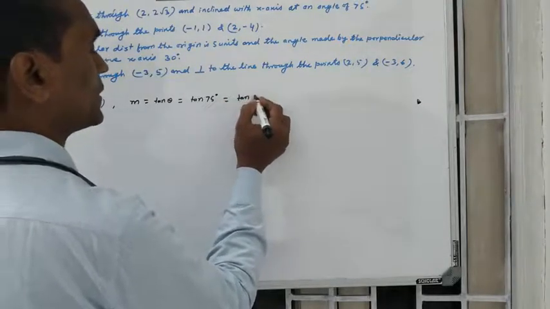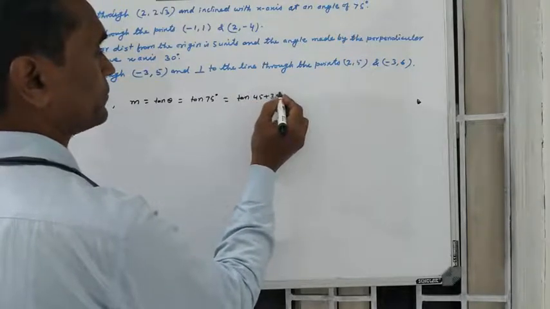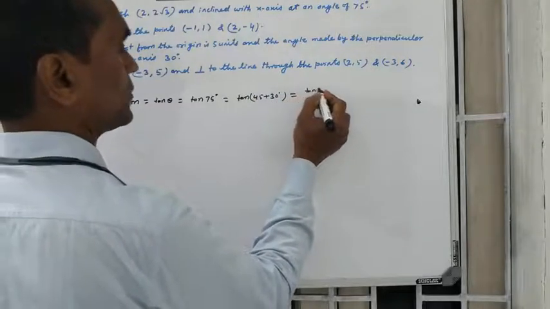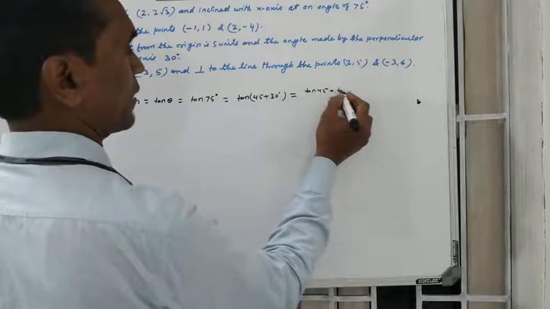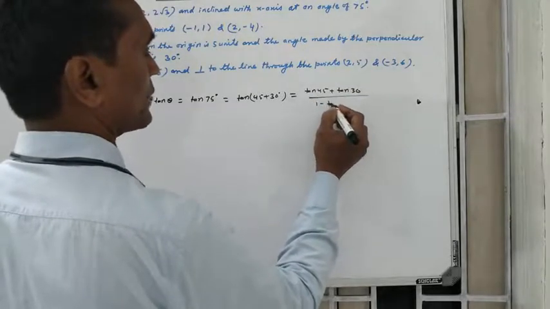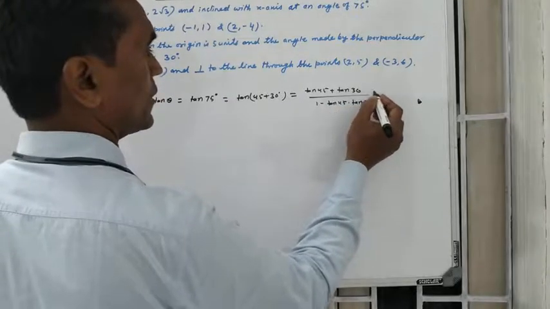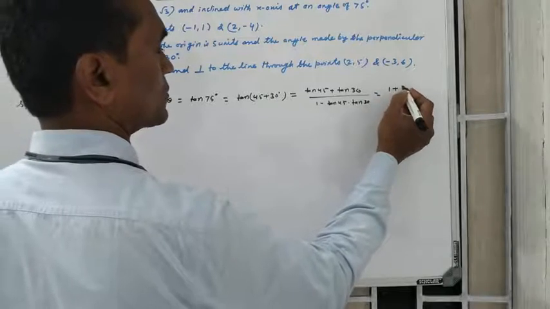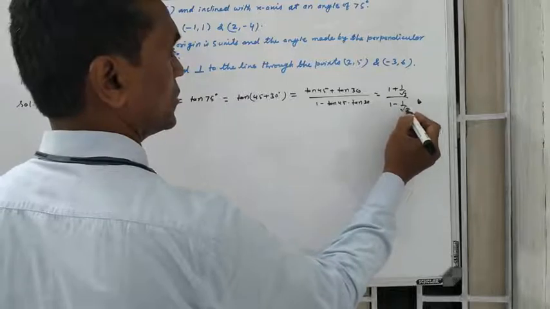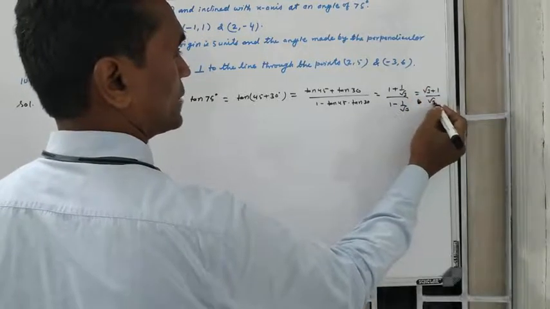You can write it tan 45 plus 30 degree. Now tan x plus y, tan 45 plus tan of 30 divided by 1 minus tan 45 into tan 30. If you simplify this, 1 plus 1 by root 3 divided by 1 minus 1 by root 3. So root 3 plus 1 by root 3 minus 1.